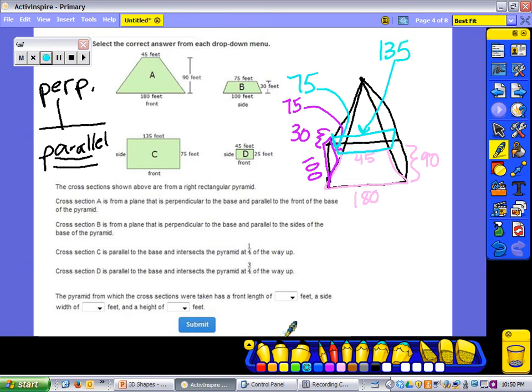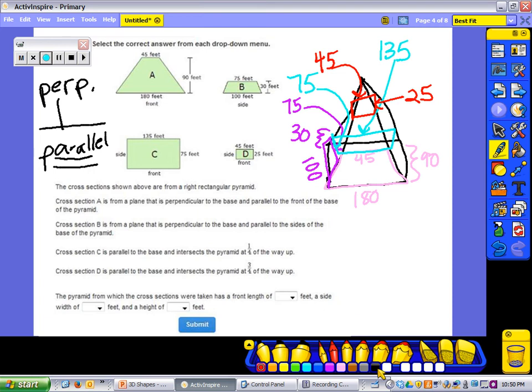Okay, cross-section D is parallel to the base and intersects the pyramid at 3/4 of the way up, so it is a little taller. All right, and its dimensions are 45 back here and 25 on the side.